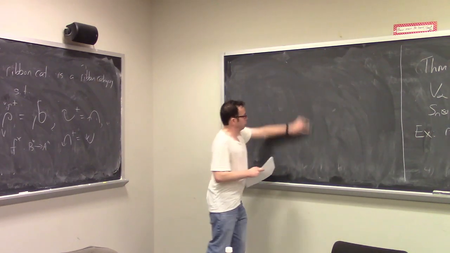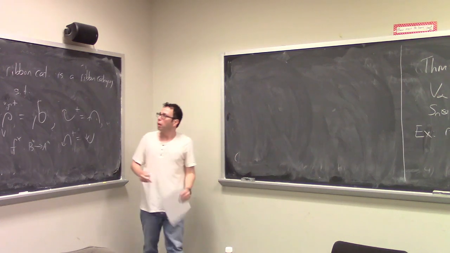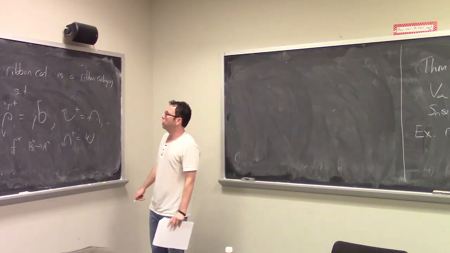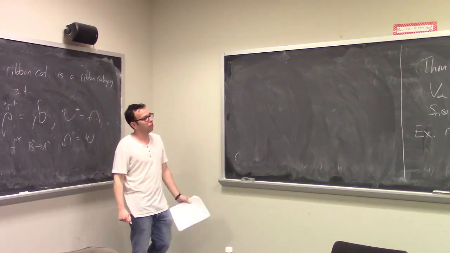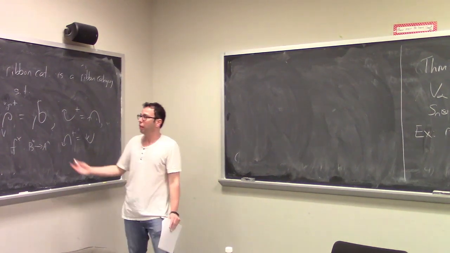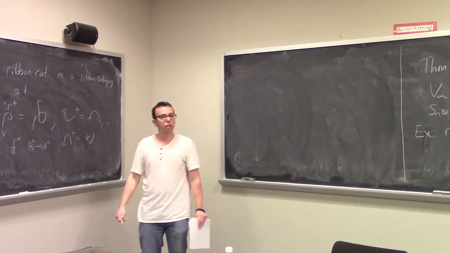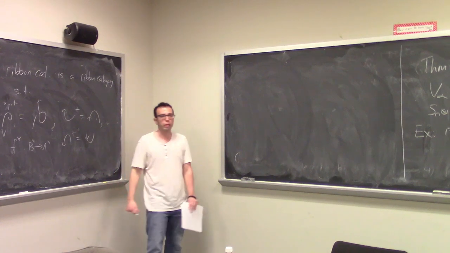Okay, so maybe I'll just very quickly, we have this notion of a Hermitian ribbon category. I would like to say a theorem saying that this category C is a Hermitian ribbon category.